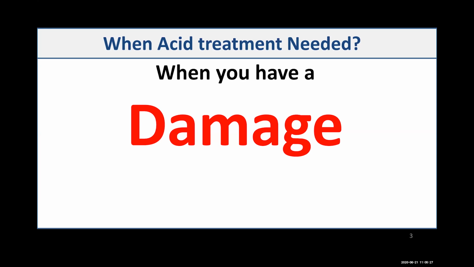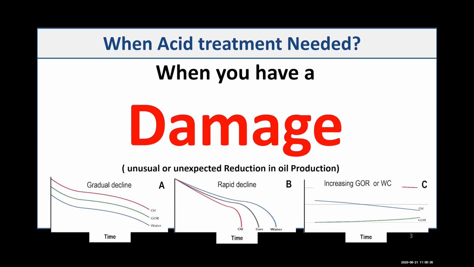A second question you'll ask yourself is, does my well have damage or not? Damage, by definition, is an unusual or unexpected reduction in the oil production. Each well, from a reservoir engineering point of view, has its own decline curve. So you know this well is supposed to produce a certain barrel at a certain pressure.